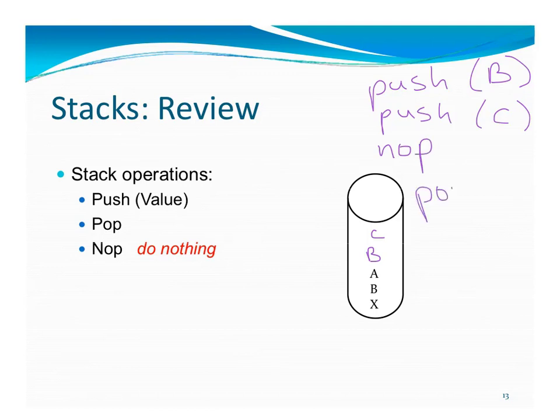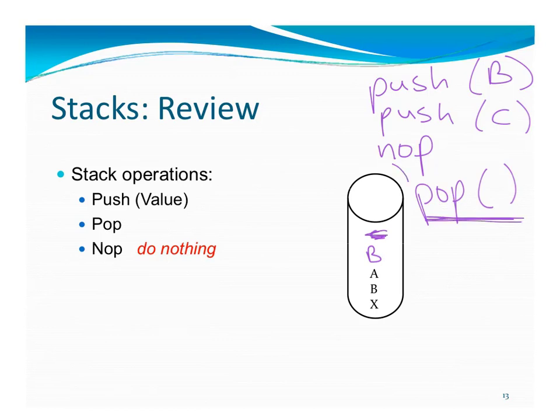But if I say pop, what happens is this top value, whatever's the top value on the stack, in this case the C, is returned. It's taken off of the stack and it's returned as the value from the method. So if I do this pop, it's going to return a C, and if I do another pop, it'll return that B. That's essentially a stack.